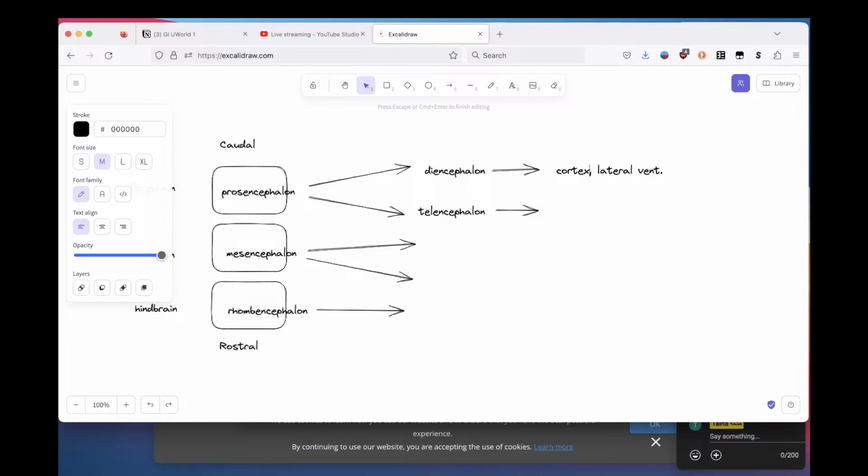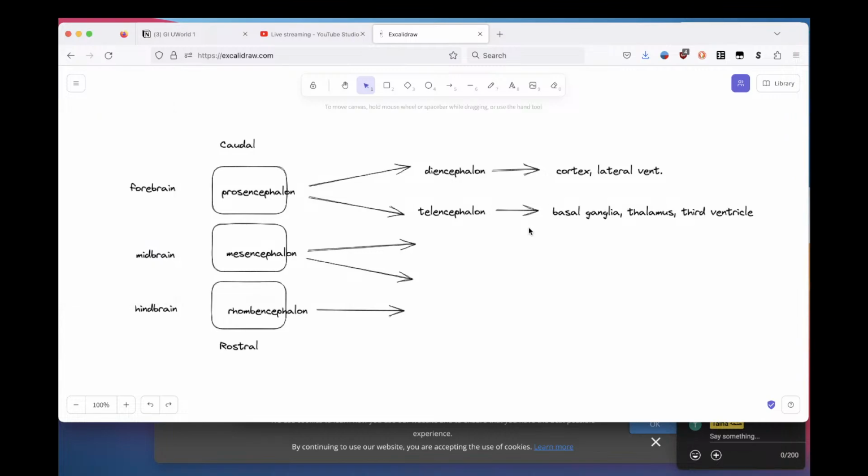Let's actually make this cortex and lateral ventricles. This can be basal ganglia, thalamus, and the third ventricle. Okay, so I'm pretty sure the rhombencephalon... is this going to be the medulla? Okay, time to look.